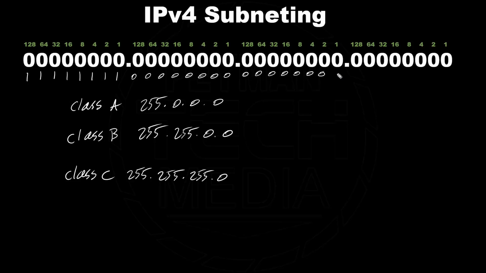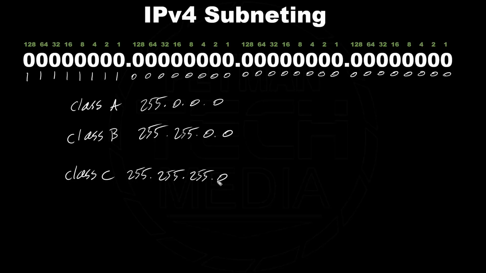For example, in the Class A default subnet mask, we have 8 bits for network and 24 bits for host. So for these default subnet masks, Class A uses the first octet for the network, Class B the first 2 octets for the network, and Class C the first 3 octets for the network.